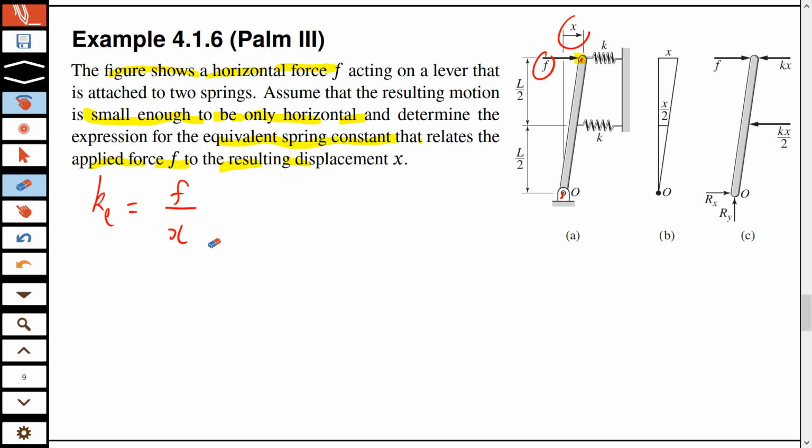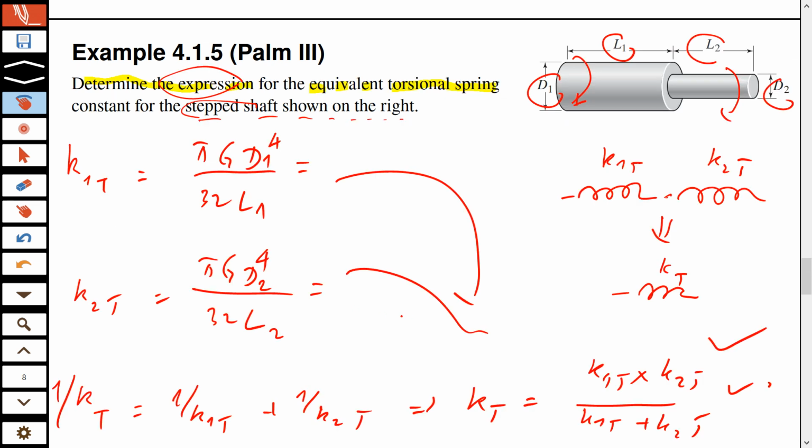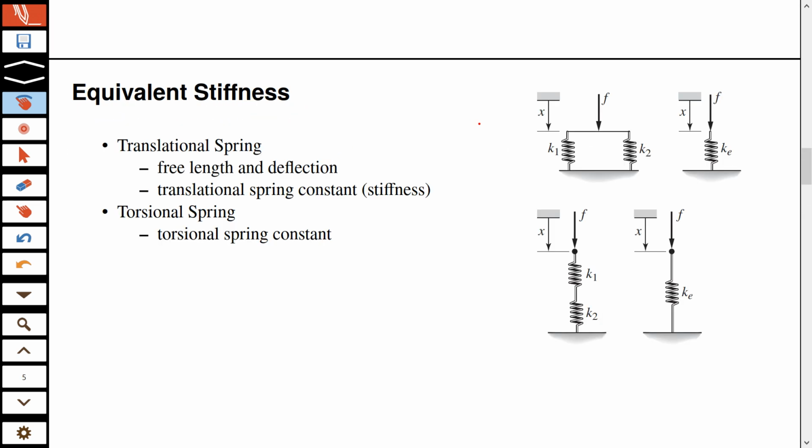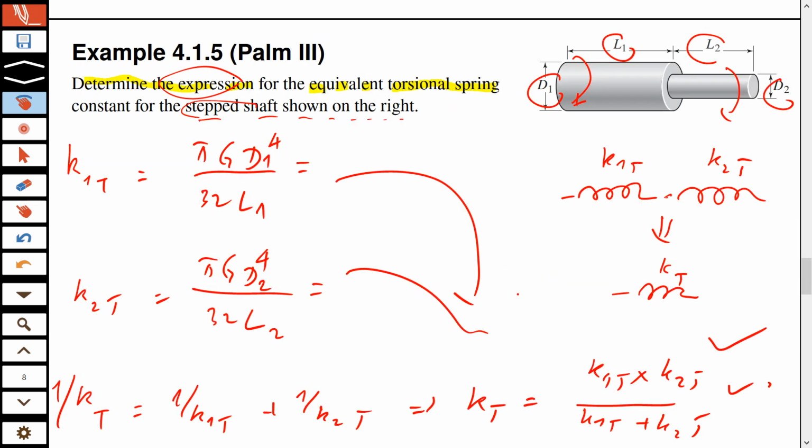So it is actually how you define KE for a particular case, क्योंकि ये एक स्प्रिंग नहीं है ना. एक स्प्रिंग में तो ये आसान होता है. फॉर एग्जाम्पल अभी तक हमने जितने भी एग्जांपल किए हैं वहां पे हमें पता था कि एक ही स्प्रिंग है. Even if you have two springs, you have a common x here. Here you have two springs, but there is a combined x here.